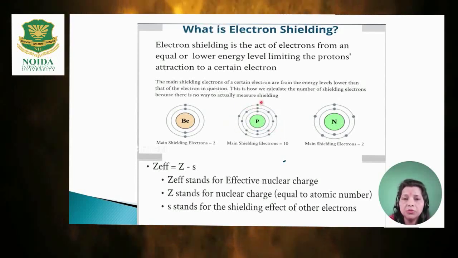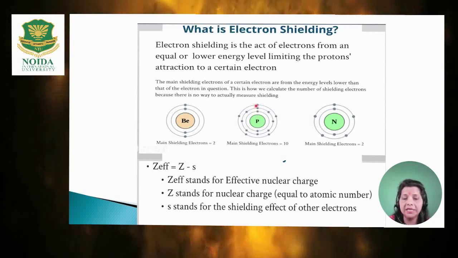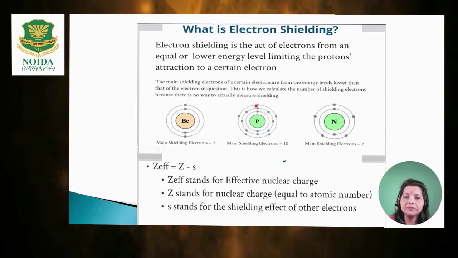So the outermost electron will have less force of attraction due to the presence of these inner electrons, right? The total force of attraction which this outermost electron is feeling is known as the effective nuclear charge, and you can say the inner electrons are shielding the outermost electron.